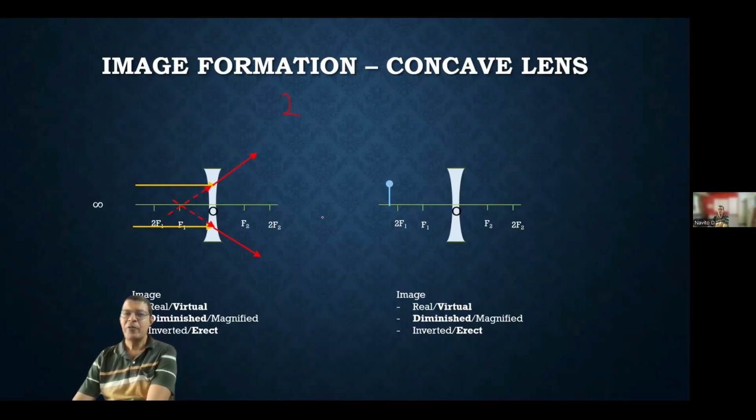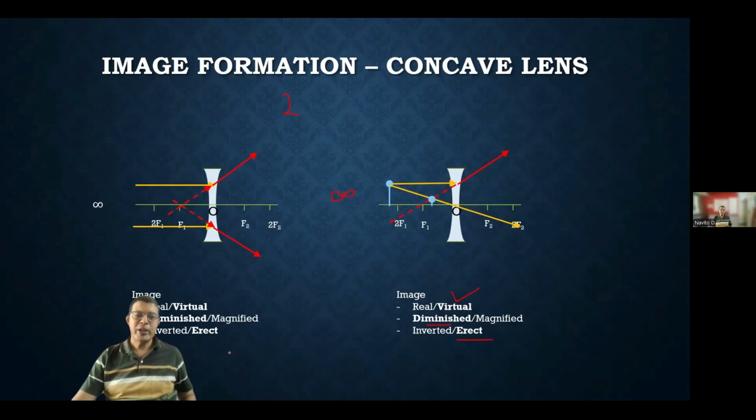The second case, if the object is somewhere between the optical center and infinity, then again two rays. It will diverge again. The image will be formed on the same side. It will be virtual this time, diminished and erect. So concave, as you can see, is always virtual, always diminished, and always erect.